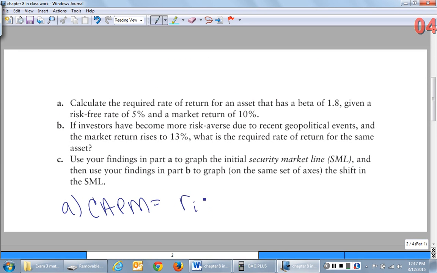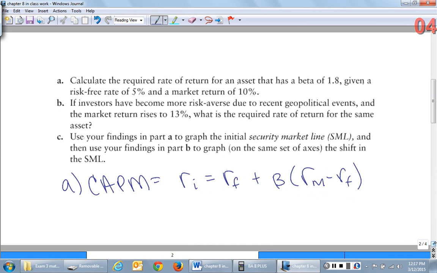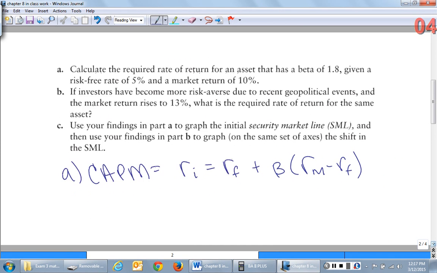So the required return on an asset is equal to the risk-free rate plus beta times the market risk premium, the market return minus the risk-free rate. So we know all of these components. We're wanting to calculate the required return.